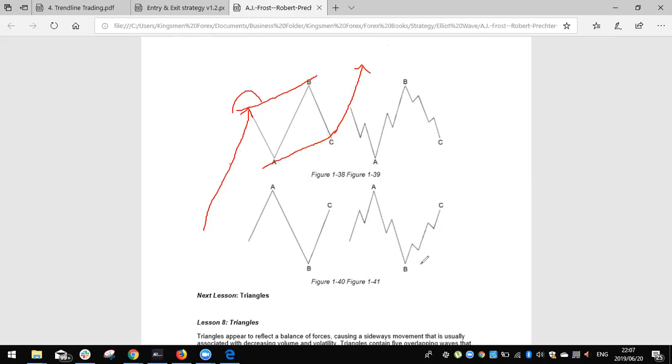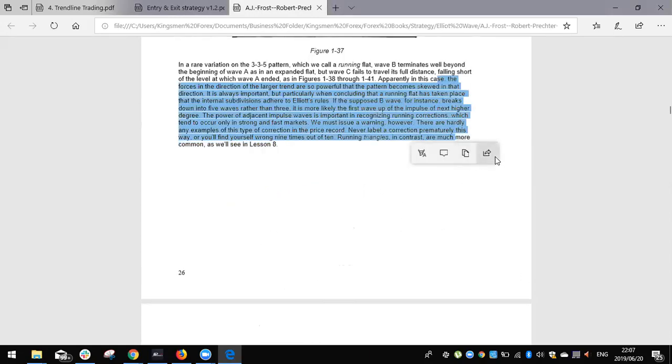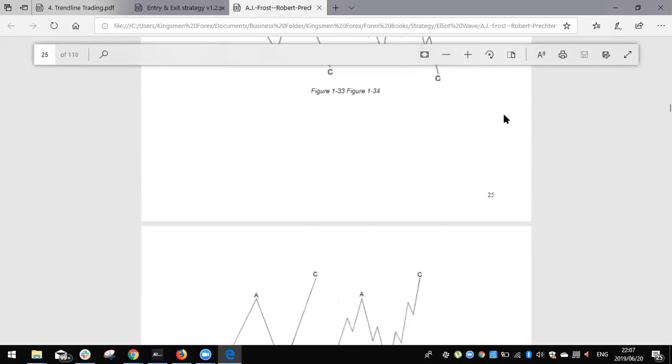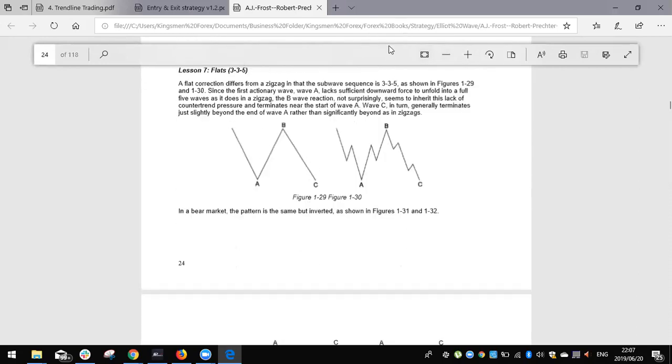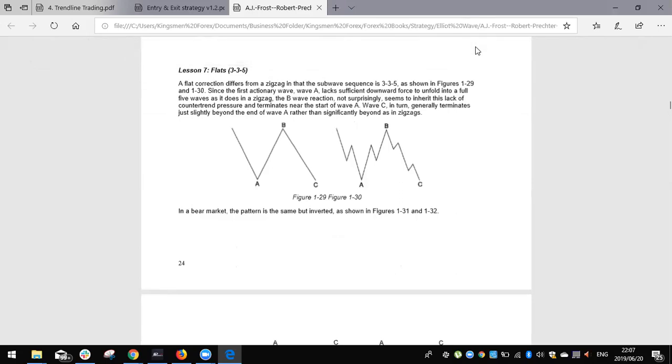So a flat correction is usually mistaken for this double top or double bottom. You can see this one, the regular flat.